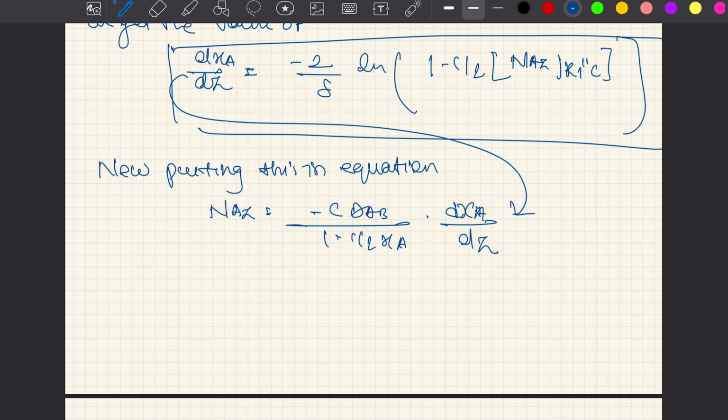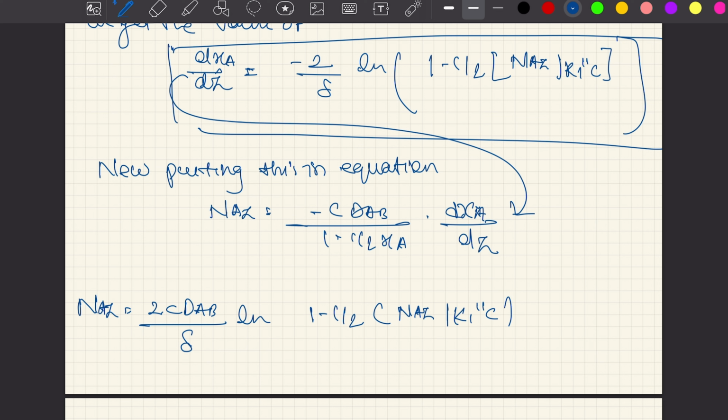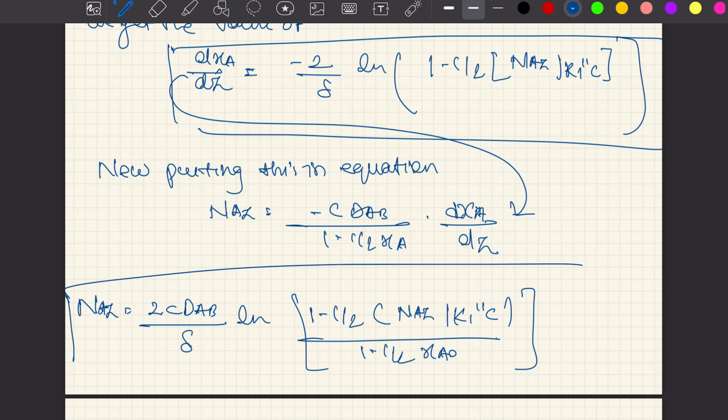Putting this value here, we get N_Z finally equal to 2 C D_AB upon del into ln of (1 minus half N_Z over K1 double dash C) upon (1 minus half x_A naught). Now this is the final equation for the concentration profile, and the rate of the combined reaction and diffusion process is given by it.